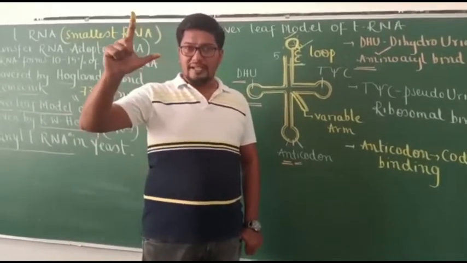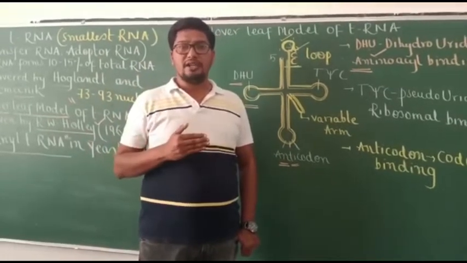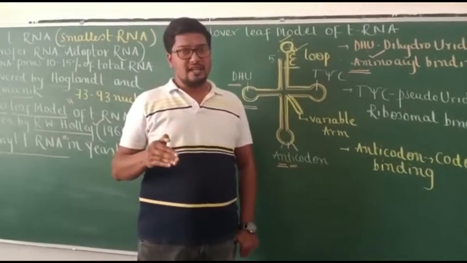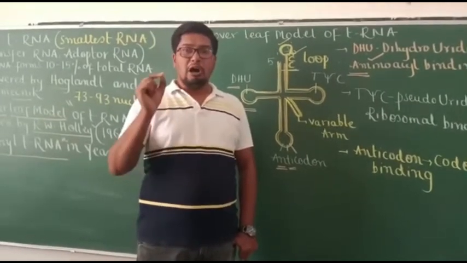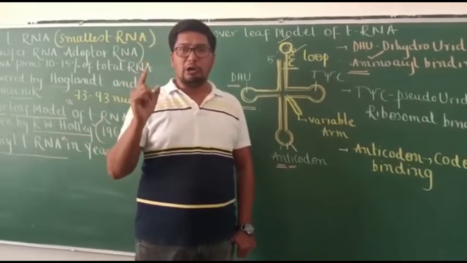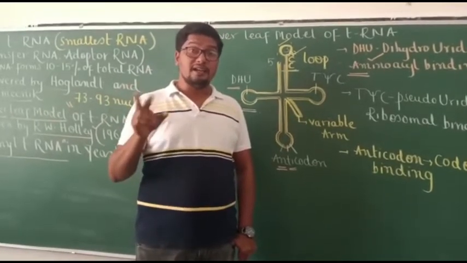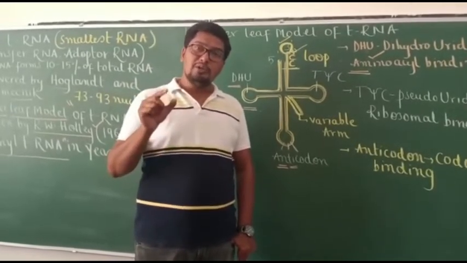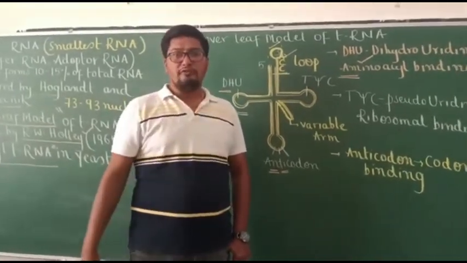And whatever the detailed structure of tRNA we know today, what do we call that structure? Cloverleaf model of tRNA. Who proposed this cloverleaf model of tRNA? R.W. Holley. And Holley explained the structure of alanine tRNA in yeast. And R.W. Holley was awarded the Nobel Prize for giving this cloverleaf model of tRNA.